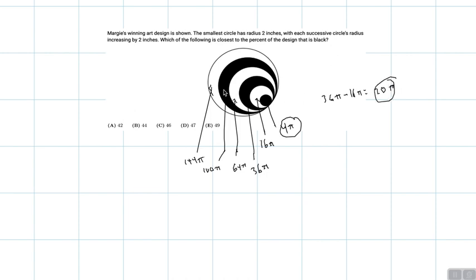Then the amount that's black right here is 100 pi minus 64 pi, which is 36 pi. So closest percent of the design that is black.